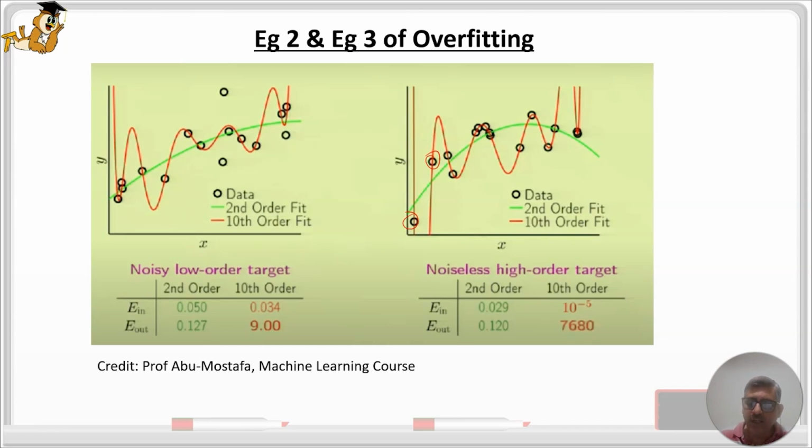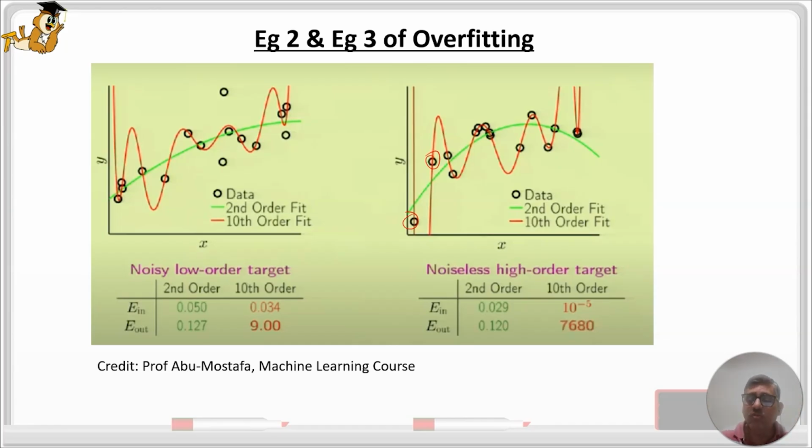You would typically, intuitively believe that a 10th order polynomial would do a better job of fitting a 50th order polynomial as compared to a second order polynomial, because a 10th order polynomial in your mind is closer to a 50th order polynomial.